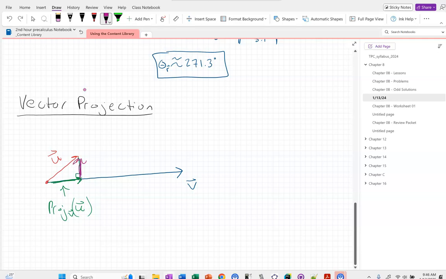And if I call this vector w, we can say that vector u is equal to the projection of u onto v plus w.